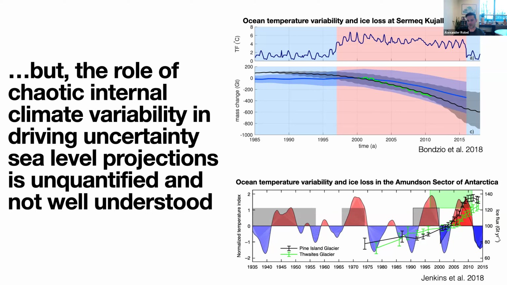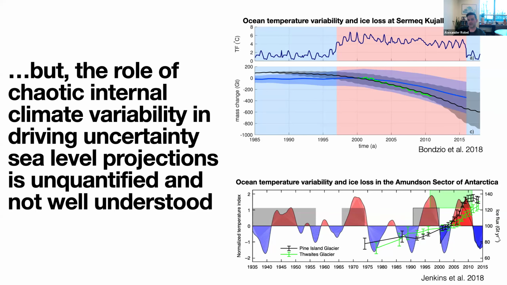And on the bottom, a proxy for ocean temperature at two large glaciers in West Antarctica, Pine Island and Thwaites Glacier. And so what you can see is that there's just lots of internal variability in these factors, which are ultimately influencing the loss of ice from glaciers in Greenland and Antarctica.